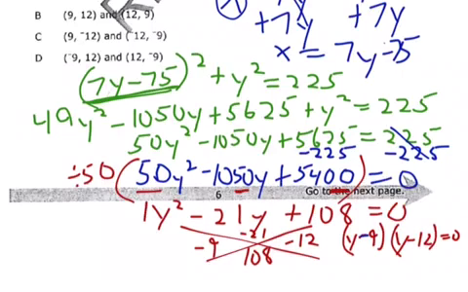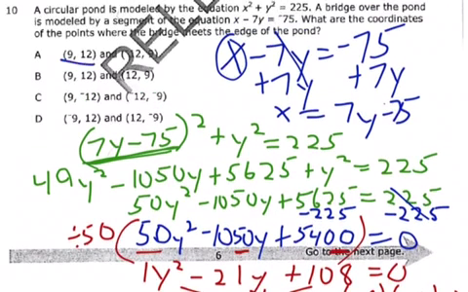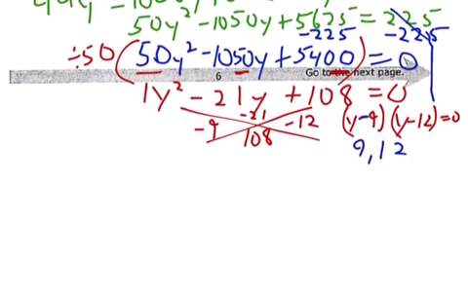So if I set each of these equal to 0, 9 and 12 would be my two solutions. And 9 and 12, of course, were my two solutions for A and B, but I didn't plug them back into my initial equation, x minus 7y equals negative 75, just yet. I need to plug these answers into that.